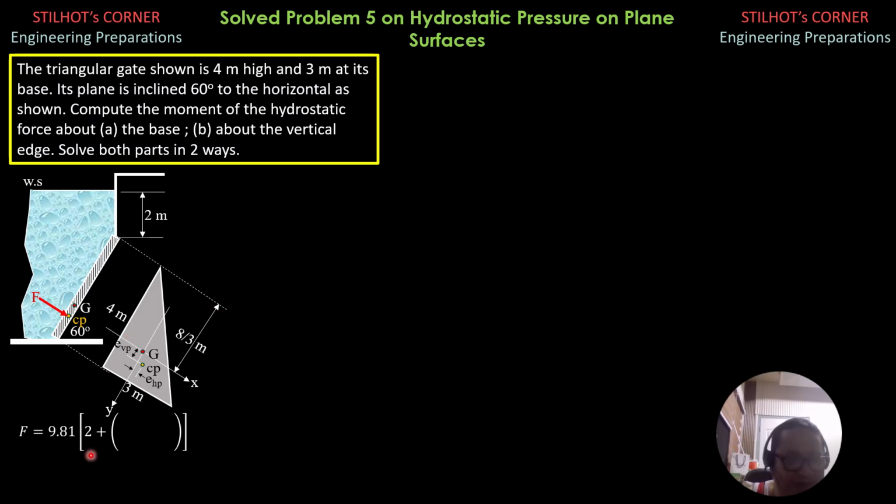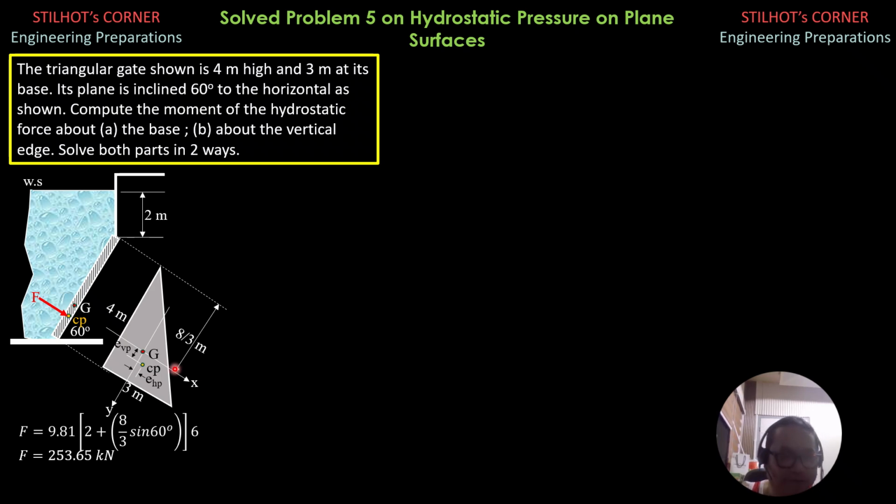So F is gamma of water times Hg times the area. Then the area of the triangle is 6. So F is equal to 253.65 kilonewtons.